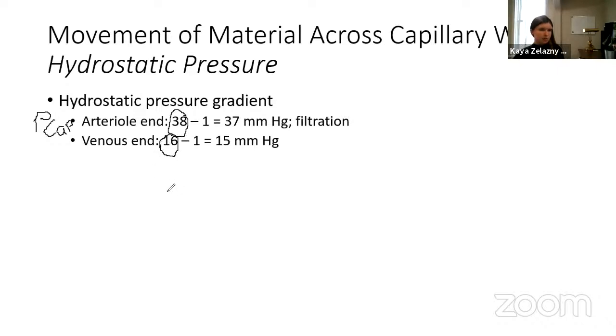Which means that if we're looking at the overall pressure for filtration versus absorption, what we do is we subtract the interstitial fluid pressure. So that's this one, our PIF.